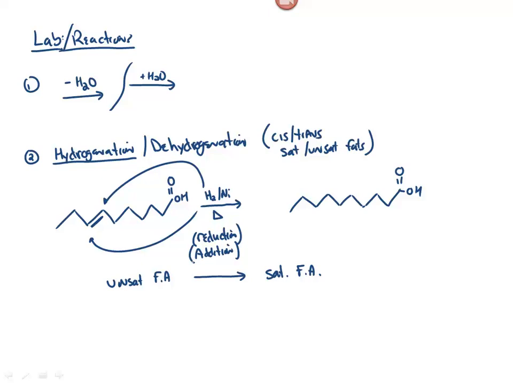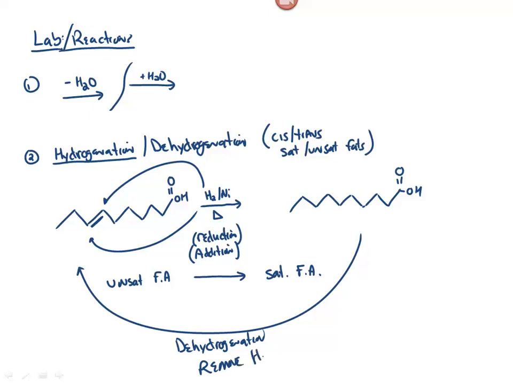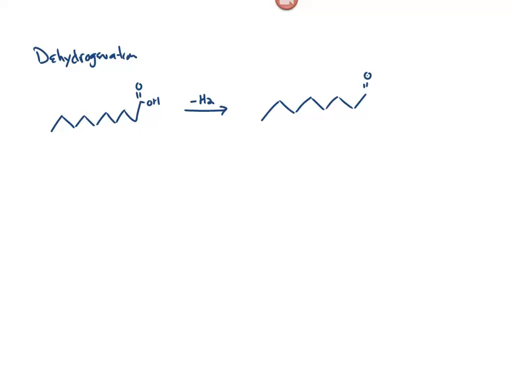And then of course dehydrogenation is the reverse process. So if we go this way, meaning we have to remove hydrogen, and if we want to give an example of that reaction, we would start off with a molecule like this. We would remove hydrogen from the molecule and introduce a carbon-carbon double bond someplace in it.